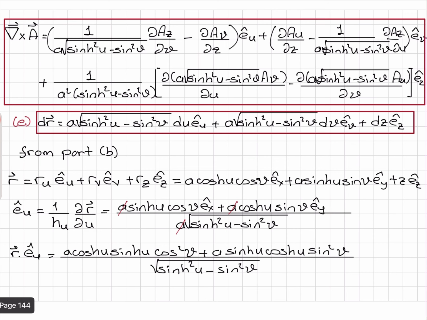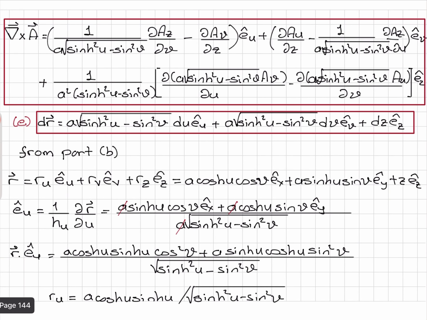In this parenthesis, I have sin squared plus cos squared, so that's equal to 1. Therefore, I obtain the position vector u component to be a cosh u sinh u divided by the square root of sinh squared u minus sin squared v. This is the u component.